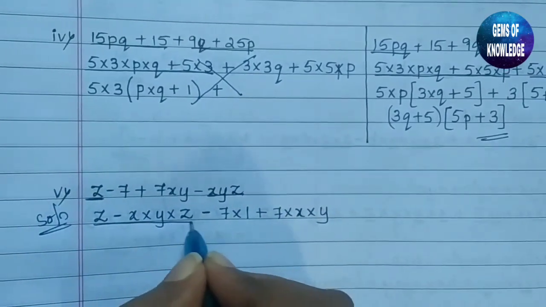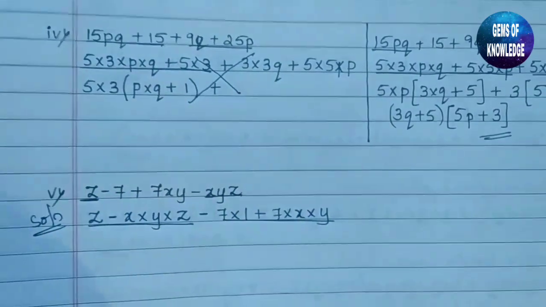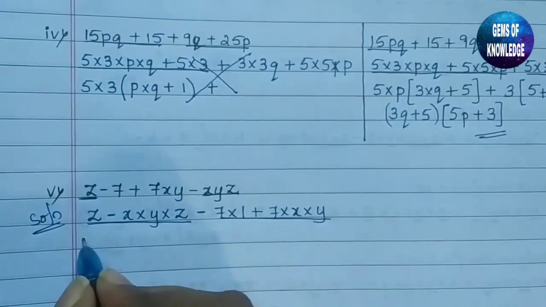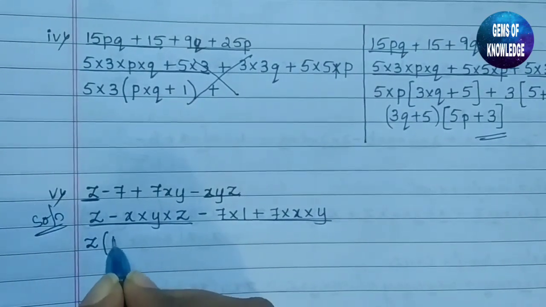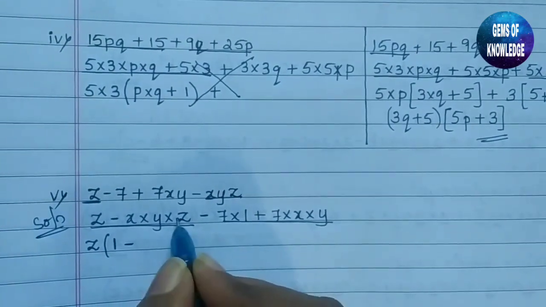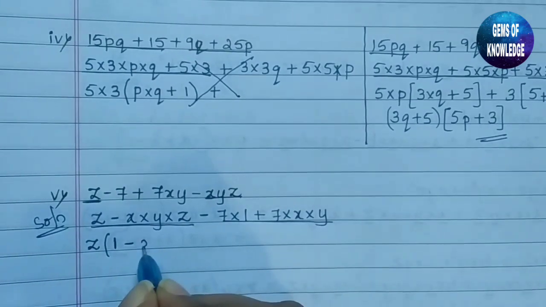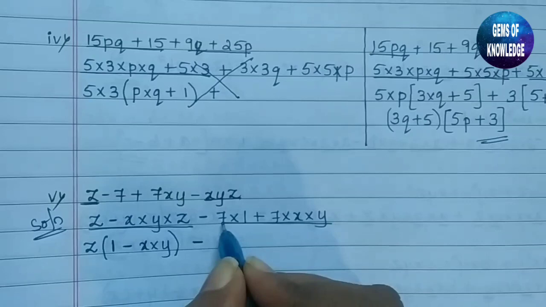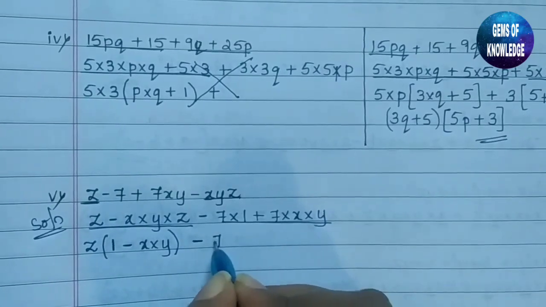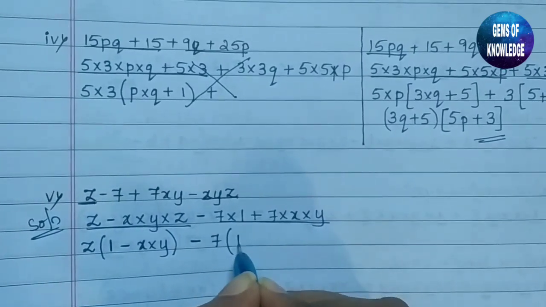So let me group this term and this term. Here the common term will be z. What is remaining? Nothing is there here, so it means 1 will be left. Minus, this z I have taken outside. What is left? x into y is left. Then minus, here you can see 7 I have taken common. What is left here? 1.